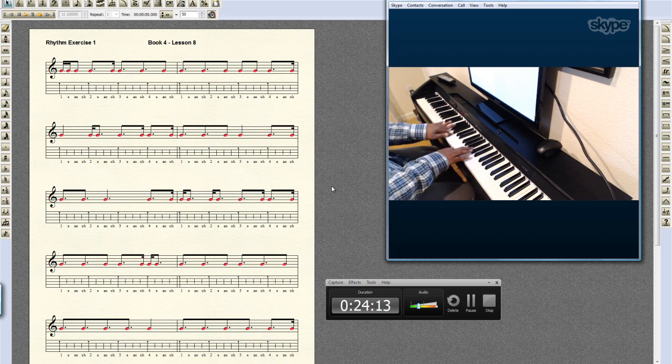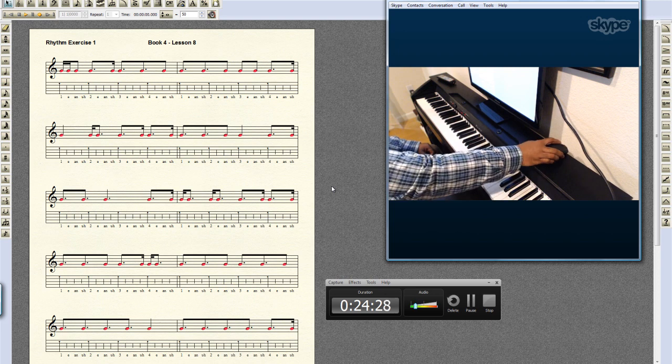Does that make sense? Kind of. Look at where you're coming in. On the first one, you're coming in on a number. The next one, you're coming in on an and. The next one, an e. So it's constantly shifting, right?